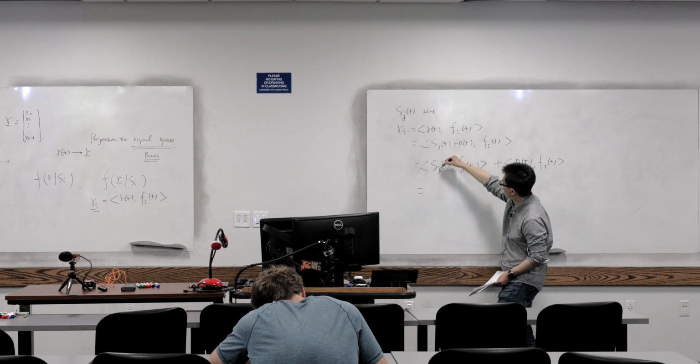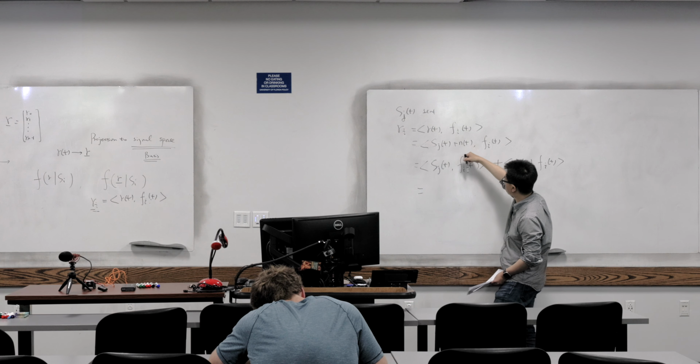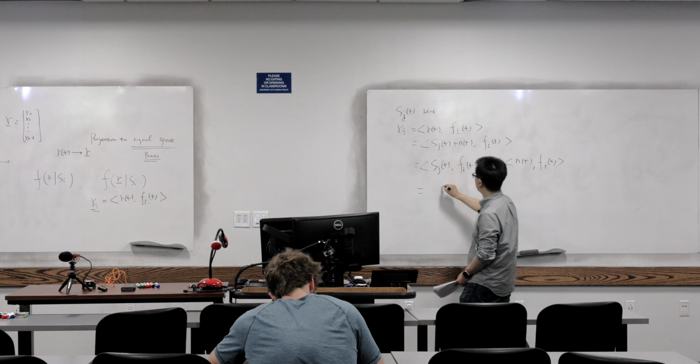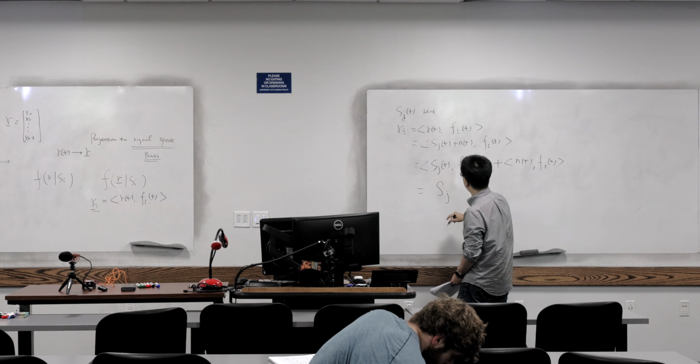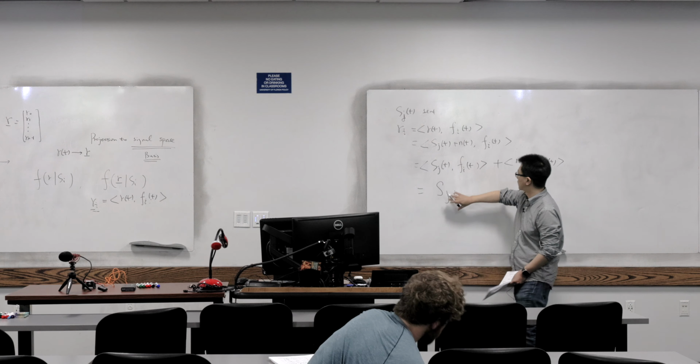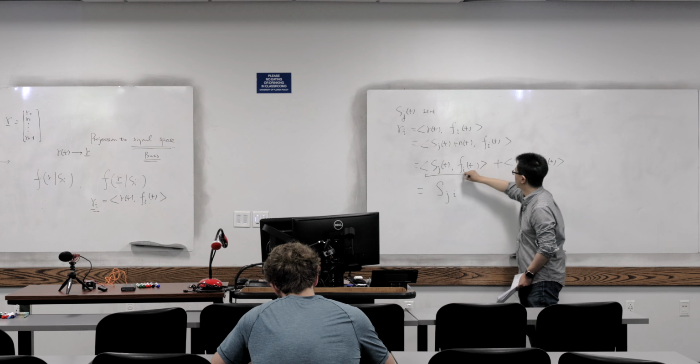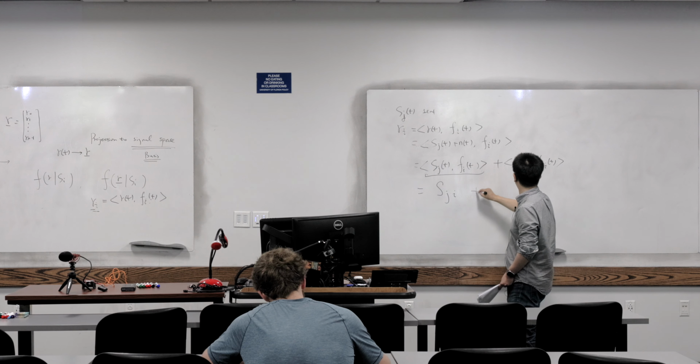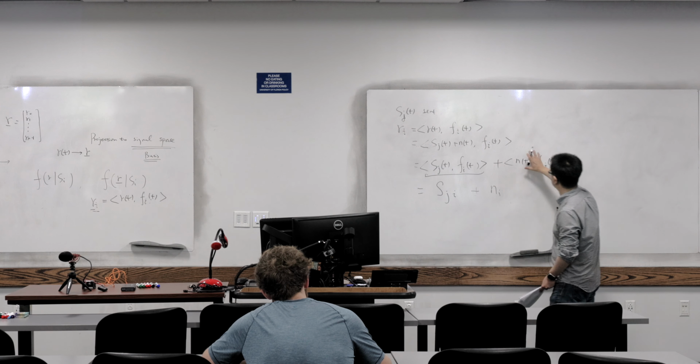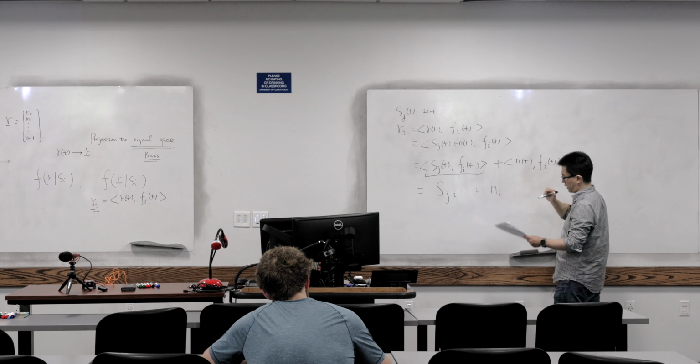Now we assume Sj is sent, so we use the notation Sji to denote the inner product between Sj and Fi, and then we add Ni, the notation for the noise inner product.